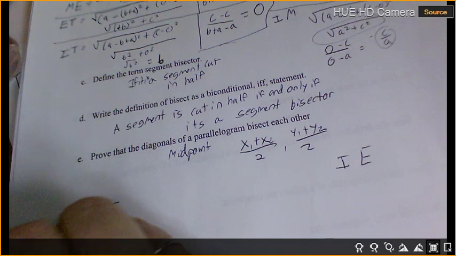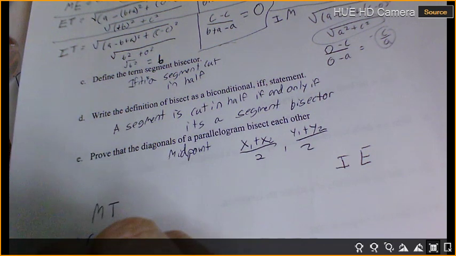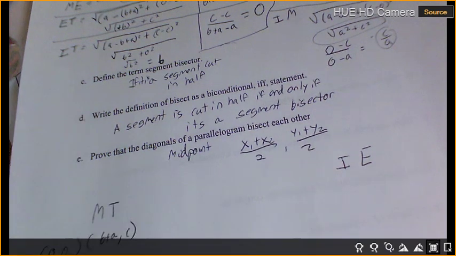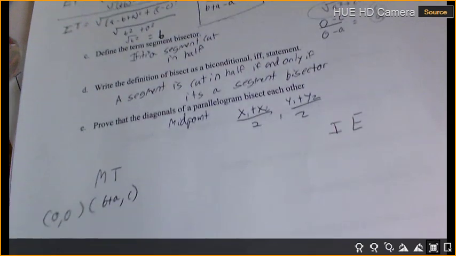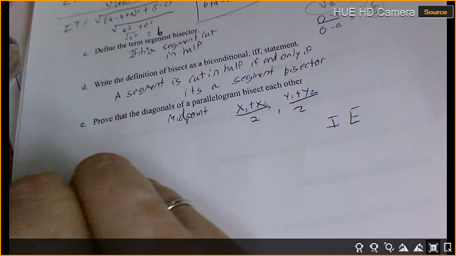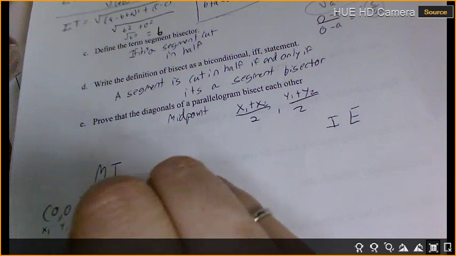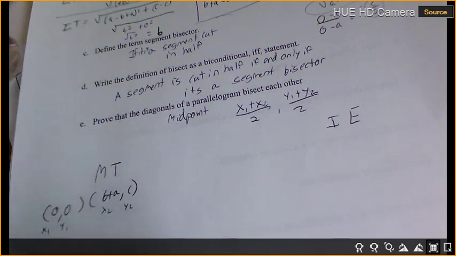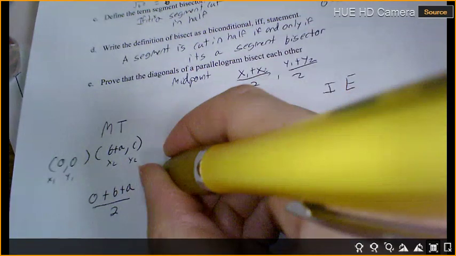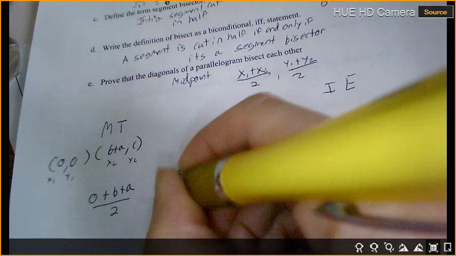M is 0, 0, and T is B plus A, comma C. So this is x1, y1, x2, y2. We're going to say 0 plus B plus A divided by 2 and 0 plus C divided by 2.